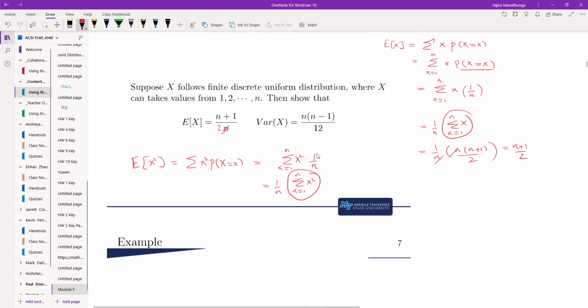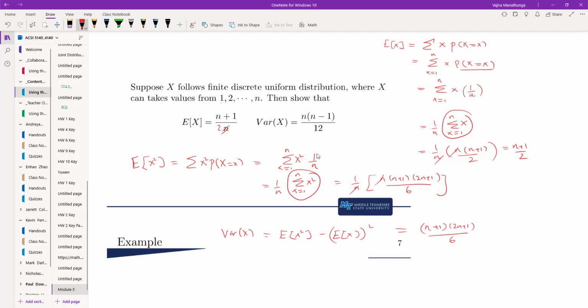If I substitute that, the n cancels out. Now you can calculate the variance of X, which is E[X squared] minus E[X] squared. So that's going to be n plus 1 times 2n plus 1 over 6, minus you have to square this one.